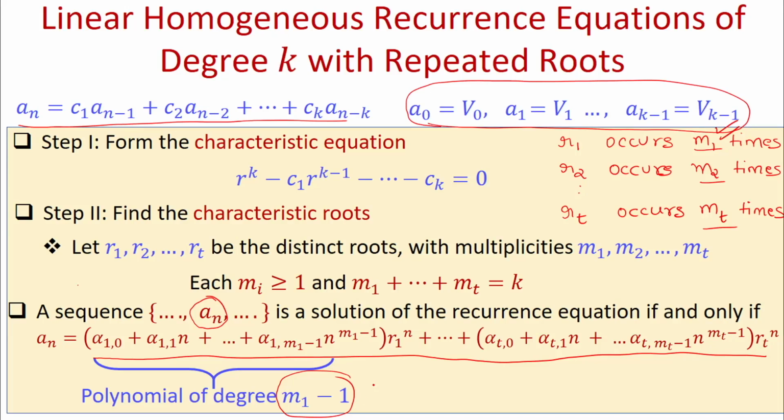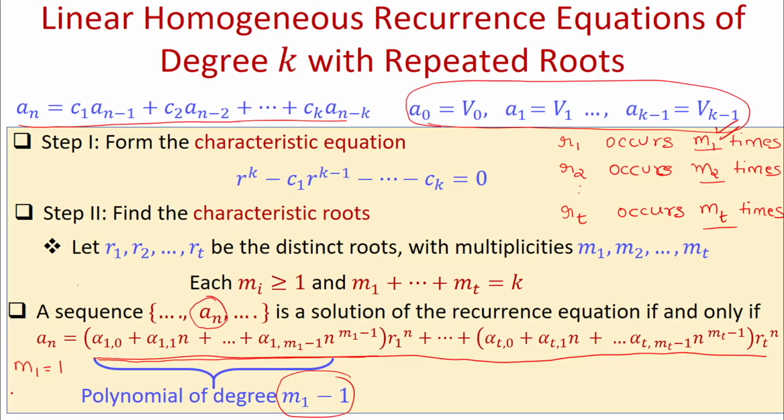So if r1 occurs as a root only once, in that case m1 would have been 1, in which case this polynomial of degree m1 minus 1 is nothing but a constant. So in that case it will be a constant times r1 power n.